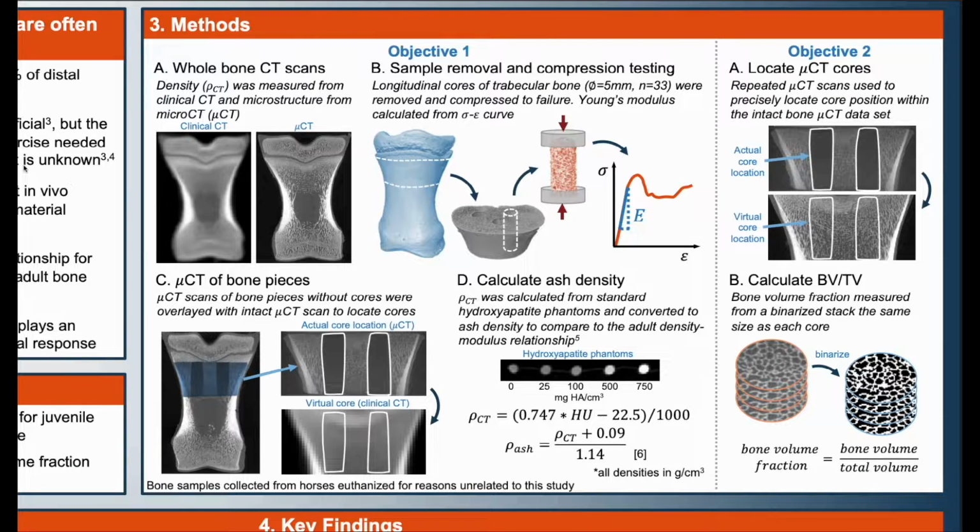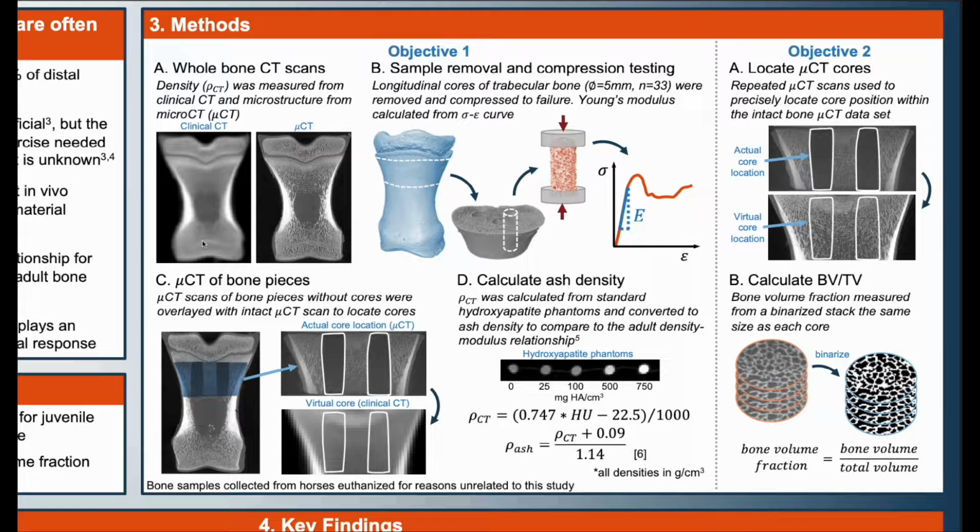To answer these questions, we use the following methods. So first, the intact bone was scanned in both a clinical CT and micro CT scanner. This is important because we want to develop a density modulus relationship that can be applied to live horses to model their bones and how they're responding to exercise.